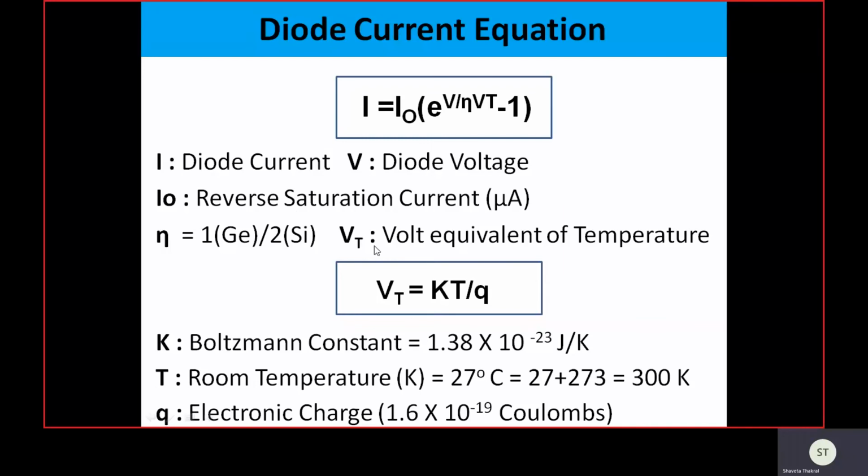Vt is the volt equivalent of temperature, equal to kT divided by Q, where k is the Boltzmann constant with the value 1.38 into 10 raised to power minus 23 joule per Kelvin. T is the room temperature, usually taken as 27 degrees Celsius, so we have the rounded off value of 300 Kelvin. And Q is the electronic charge, 1.6 into 10 raised to power minus 19 coulombs.